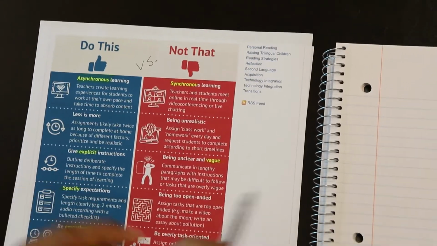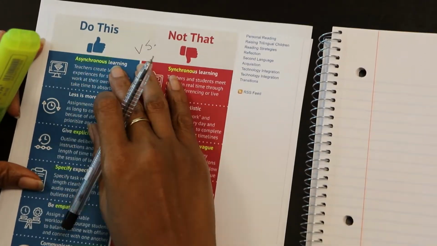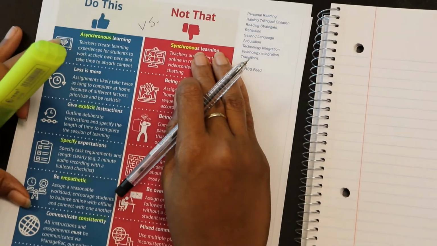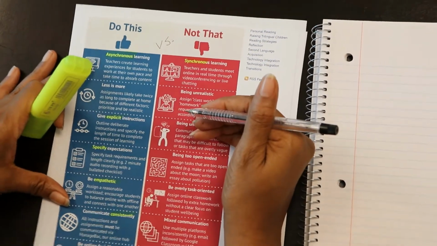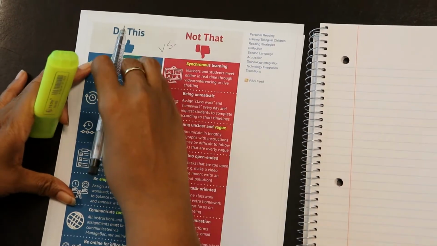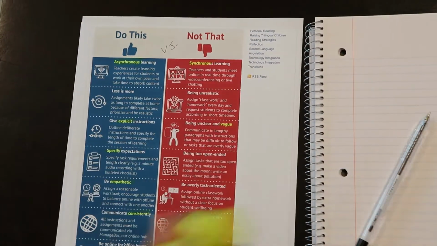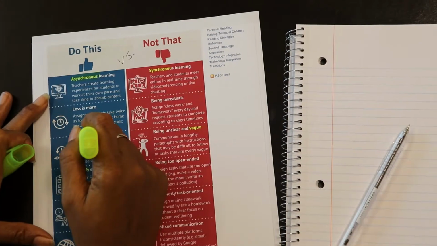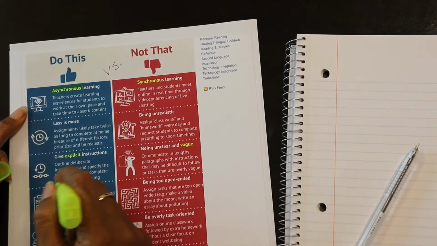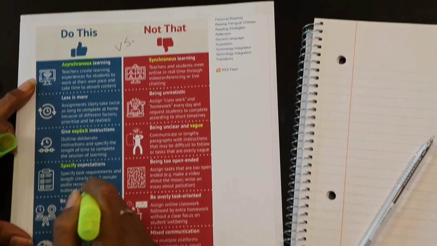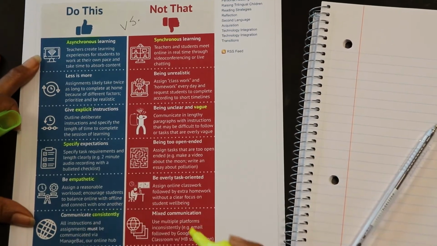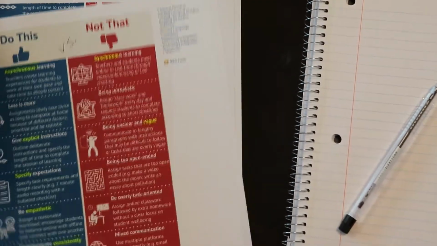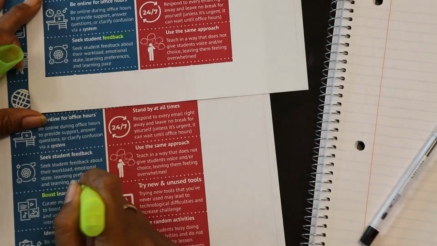Before we do anything, I want to highlight one more time the vocabulary. We already talked about the vocabulary yesterday, so as we go into our reading, we highlight synchronous, asynchronous, explicit, vague, specify, empathetic, consistently, feedback, boost, and retention.